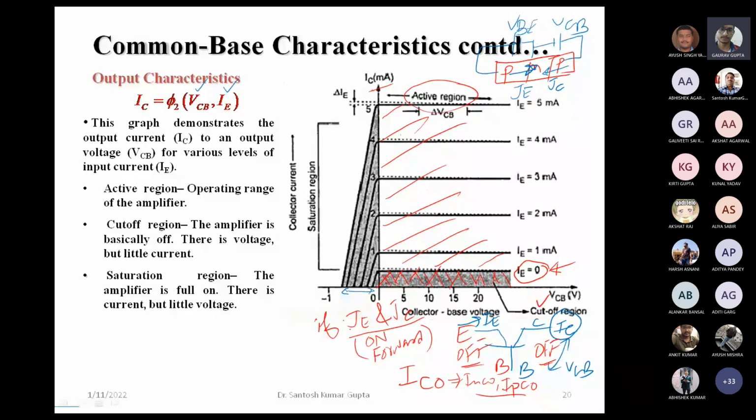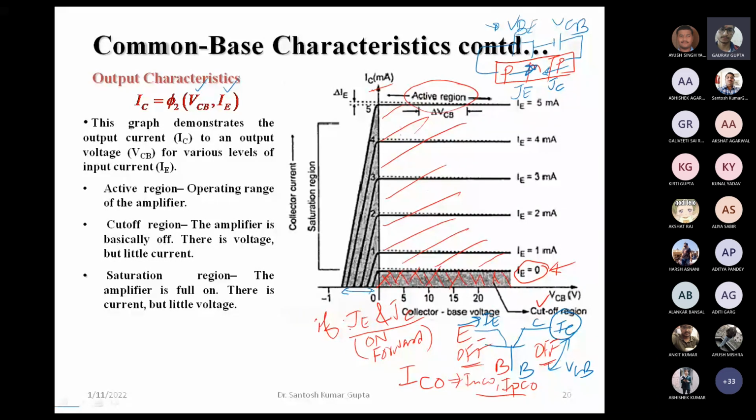Suppose for a given VBE, we fix VBE and change VCB, then we will see a huge change. We can see that the current is going to increase as we increase VCB in the reverse biasing direction, that is, from a negative value to 0.